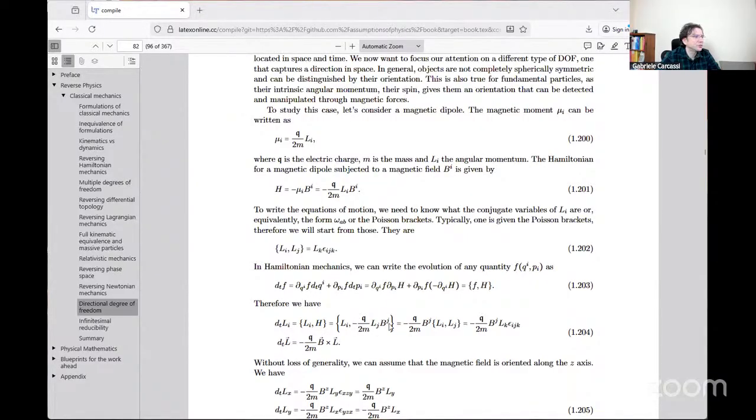We just substitute the Hamiltonian, and the Poisson bracket is linear, so everything that does not depend on L goes out. Now you just have the Poisson bracket between L components, with the j contracted and the i free. And now you get the one with the Levi-Civita tensor.